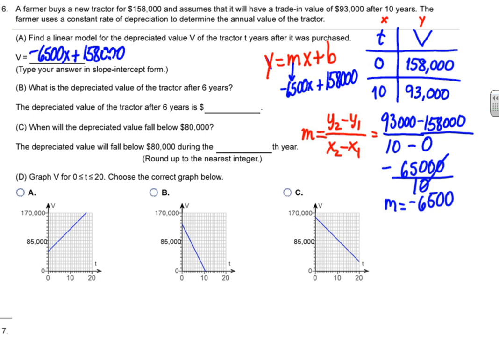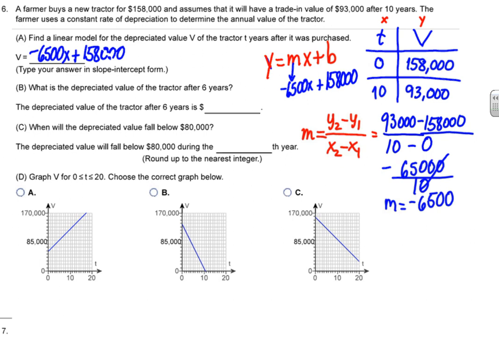B asks, what is the depreciation value of the tractor after 6 years? Now that we have the model, all we have to do is take this formula that we came up with and for x, place a 6 there and solve.